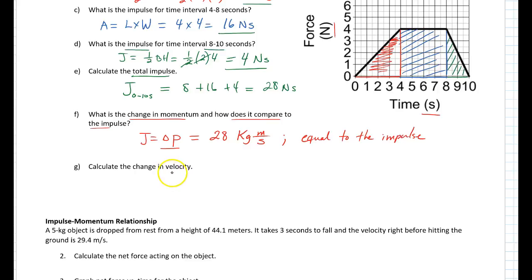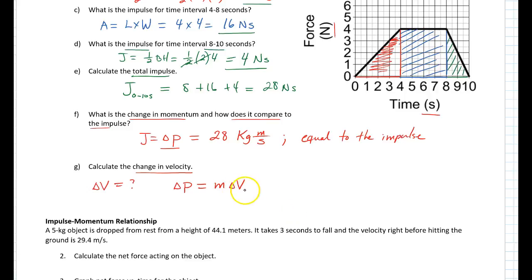We're looking for the change in velocity in the next section. We can start with change in momentum is equal to mass times change in velocity.